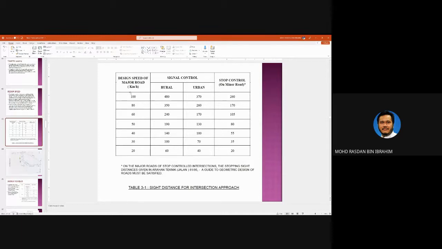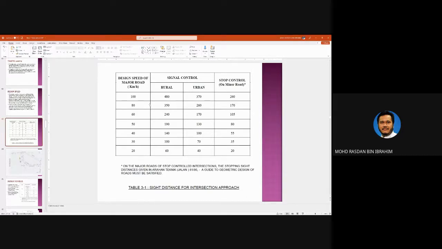This is the design speed, this is for signal control, this is for stop control. With signal control, the sight distance is longer compared to stop control on the minor road. Major road.